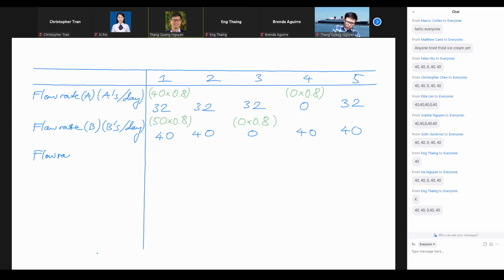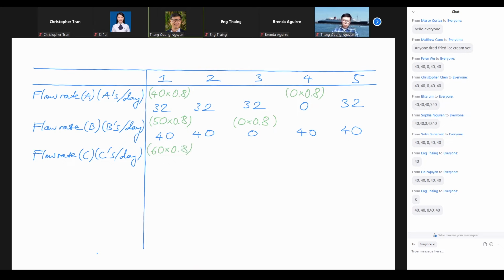Now let's go to the third product, so the flow rate of the fries. How many fries per day? By the same token, it's easy for you now, so let me work on this with you. Originally, the demand is 60 units per day, but then we can only honor 80% of the demand, right?